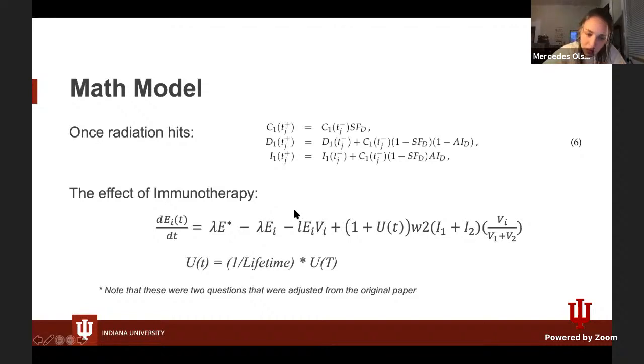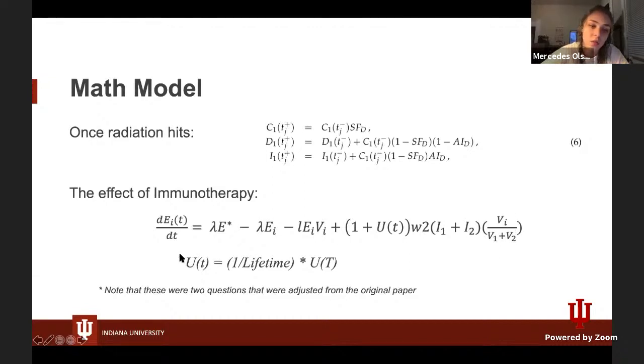And then you continue on multiplying it by the rate at which L is times the E of T and then the volume. And then here is the U of T, which is the immunotherapy aspect, and then the W2, which again I'll talk about when I go through it all, but that's a T cell regulator, and then the 2 irradiation sites, and then the ratio of the volume here on the right.